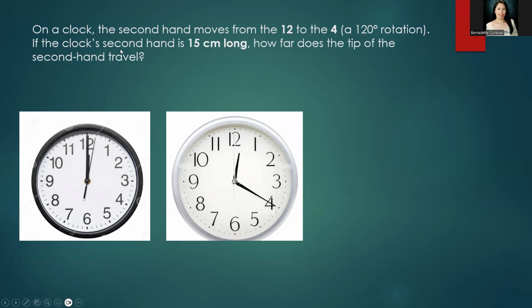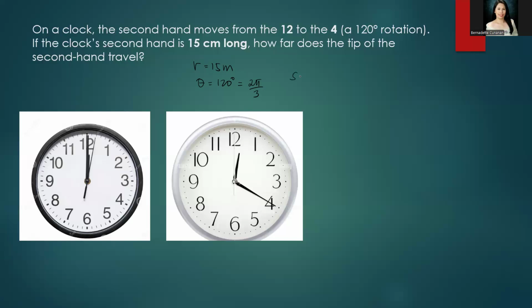Now, if the clock's second hand is 15 centimeters long, normally the second hand is the radius. So we have the radius equals 15 cm. And then theta must be 120 degrees again, which is equal to 2 pi over 3, since the angle is intercepted by an arc measuring 120 degrees.